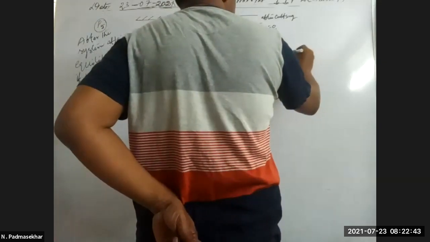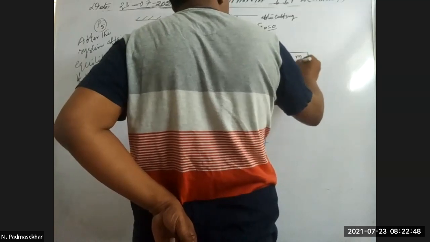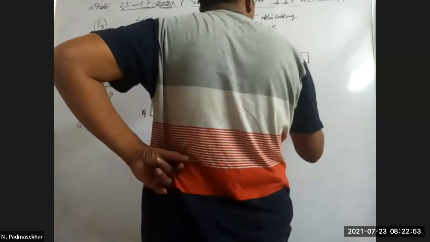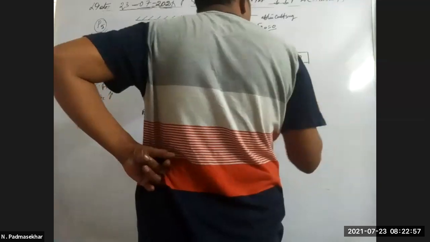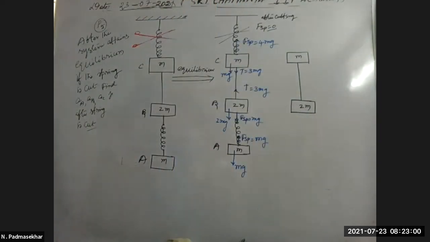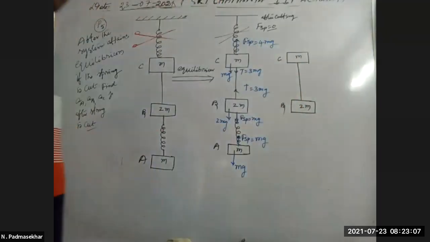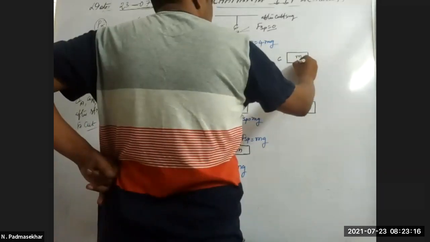Here there is the block of mass M, here there is a string, and 2M is there like this. So this is C and this is B, connected by the same string.